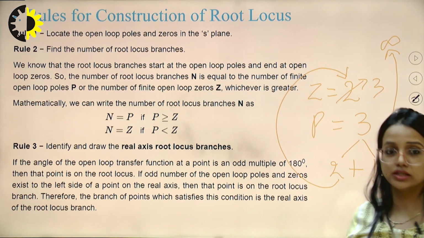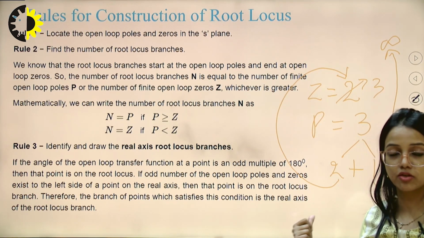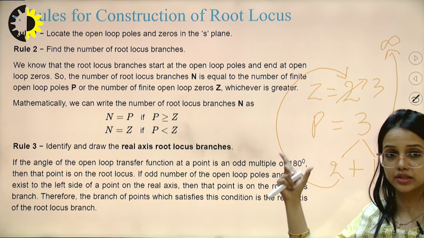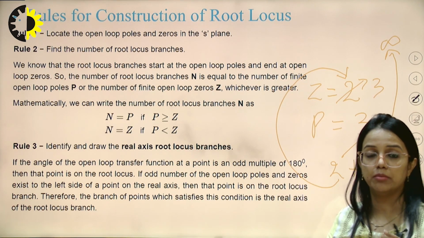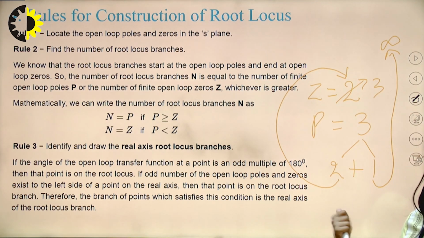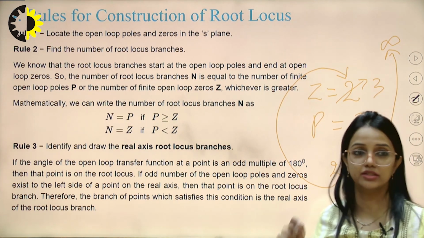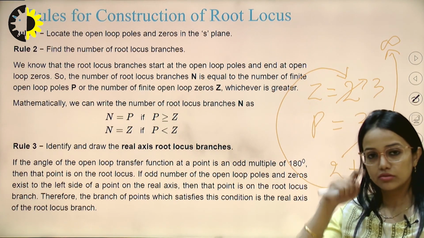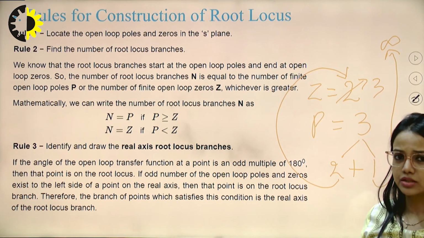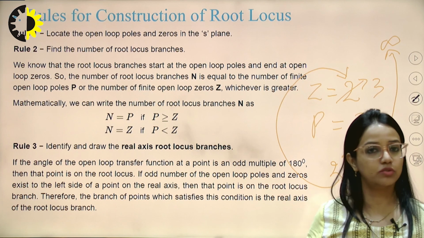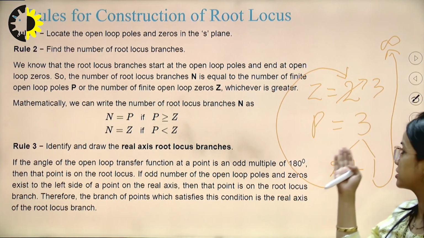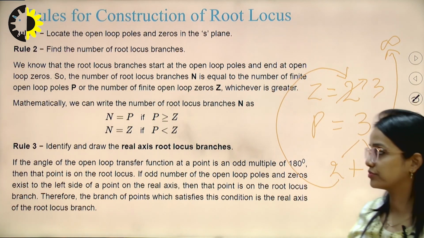So it is very clear that 2 branches will start and terminate in the S plane itself, but that one additional branch will terminate at infinity. So talking about the number of branches, of course, whichever is more, that will signify the number of branches. In this, presently, we will be having 3 branches.